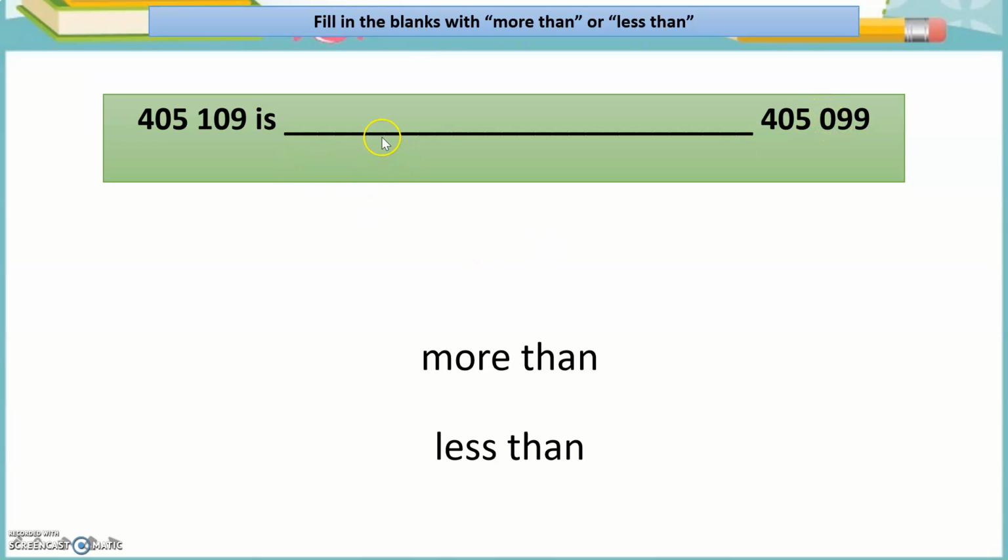So, this one is more than this one. So 405,109 is more than 405,099.